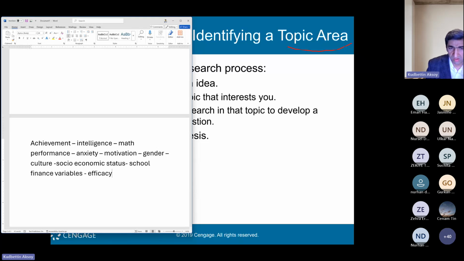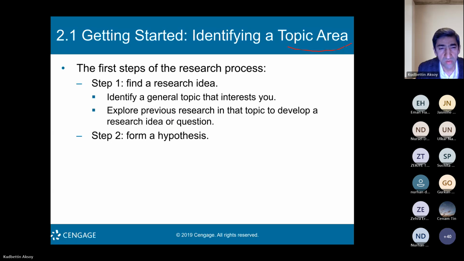With those, we can create so many different research questions, and we can have our temporary, tentative solutions. So think about those. If you're not in this field, think about the variables that interest you. And then you create a research question, and then you answer the research.